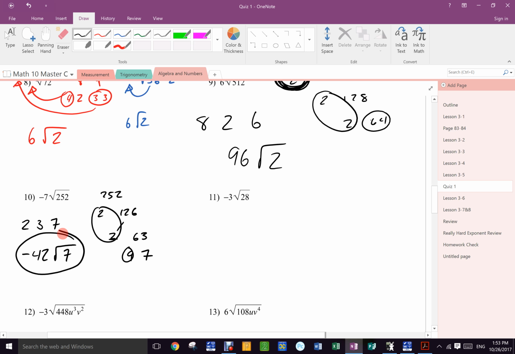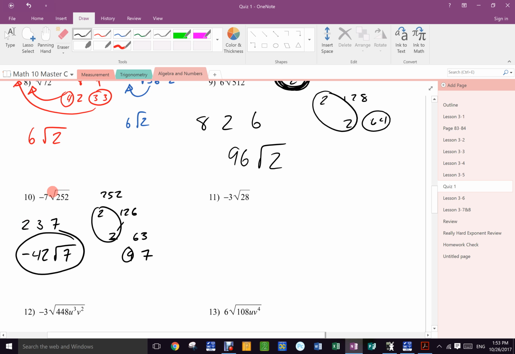And most of you are doing this without your calculators. What part, Riley? You can't understand the factoring we're doing here? Okay. And then you don't understand that we're looking for a group of 2 here? Groups of 2. 2, 2, there's a group of 2, so I can bring it out. Right?